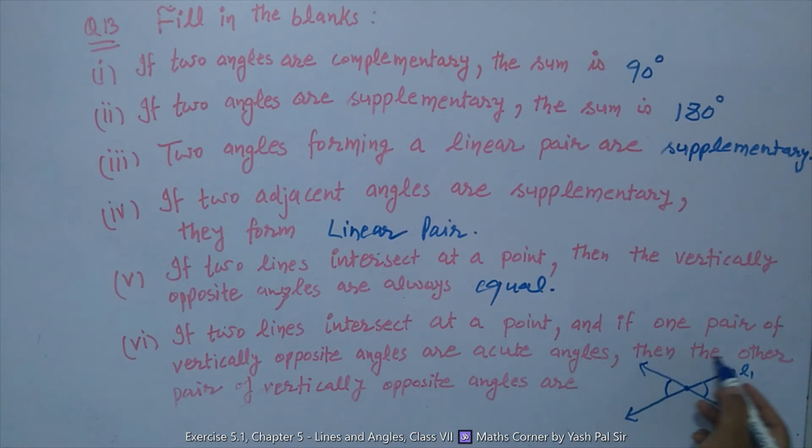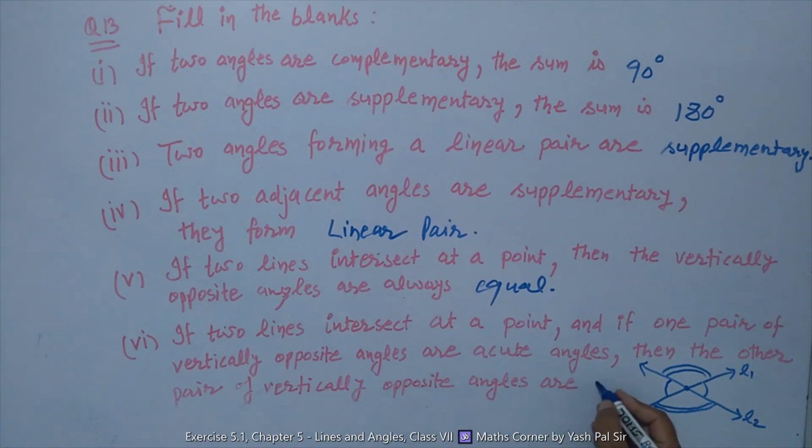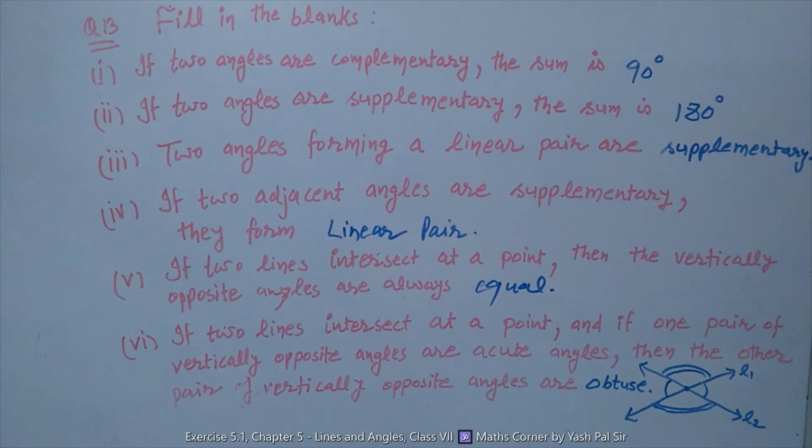Now the other pair of vertically opposite angles, are they less than 90 or greater than 90? They are greater than 90. Greater than 90 means obtuse. Obtuse, right? So this is the answer to this part.